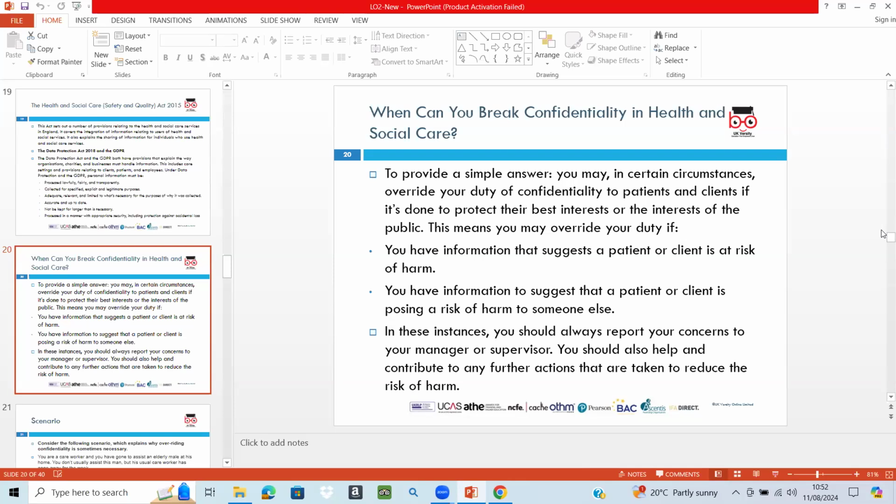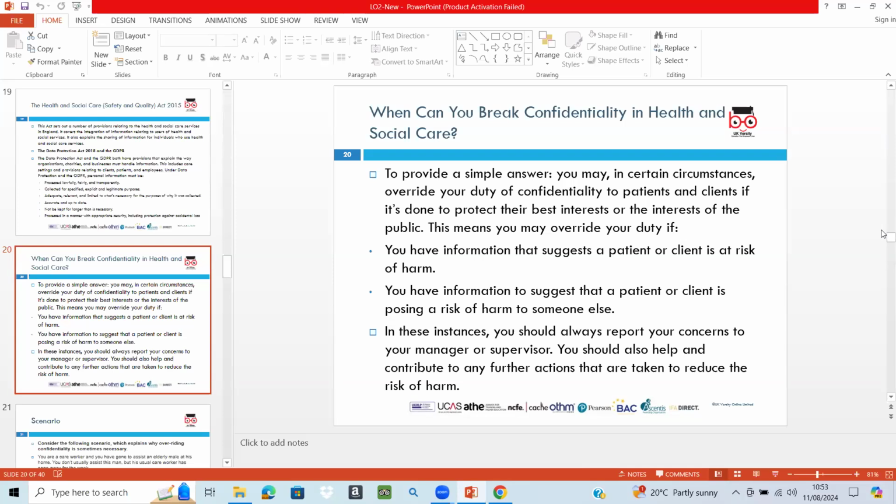If a healthcare provider believes that not sharing certain information could result in harm to the service user or others, they might need to override confidentiality. As an example, if a service user expresses suicidal thoughts, it's important to share this information with mental health professionals to ensure the service user gets the help they need.